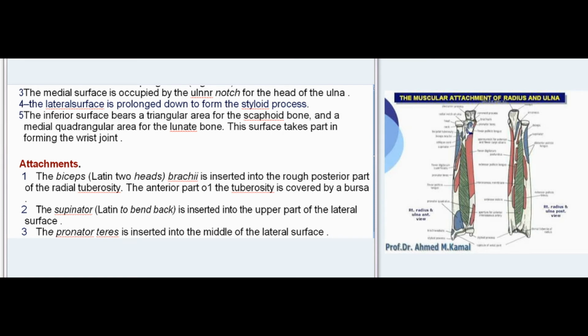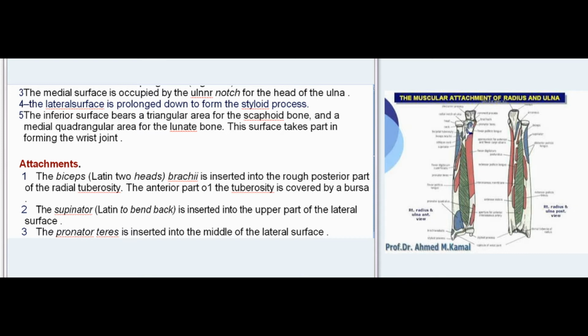The medial surface is occupied by the ulnar notch for the head of the ulna. 4. The lateral surface is prolonged down to form the styloid process. 5. The inferior surface bears a triangular area for the scaphoid bone, and a medial quadrangular area for the lunate bone. This surface takes part in forming the wrist joint.